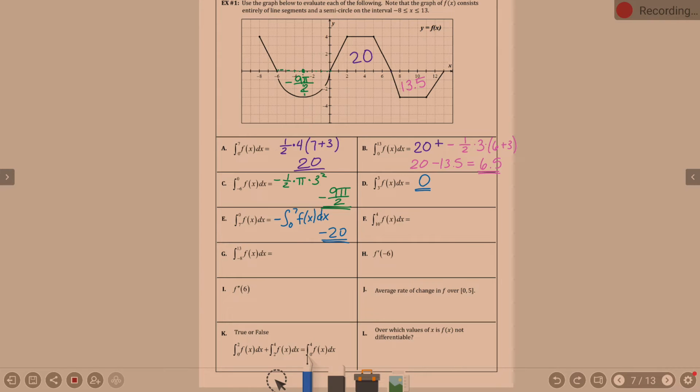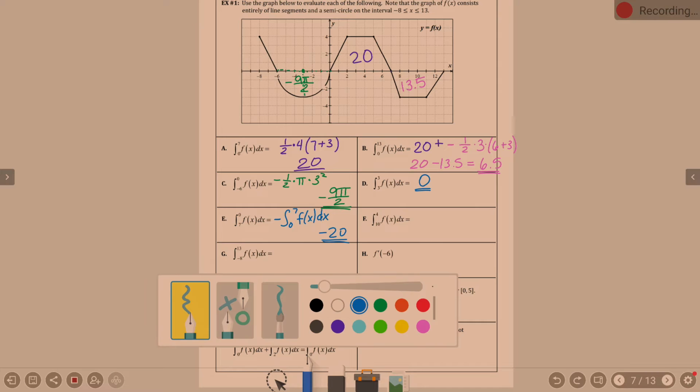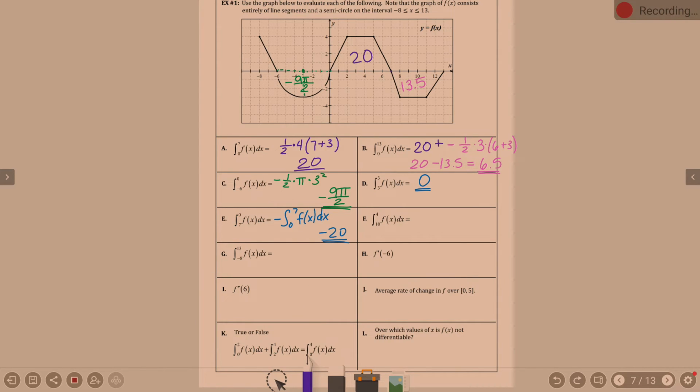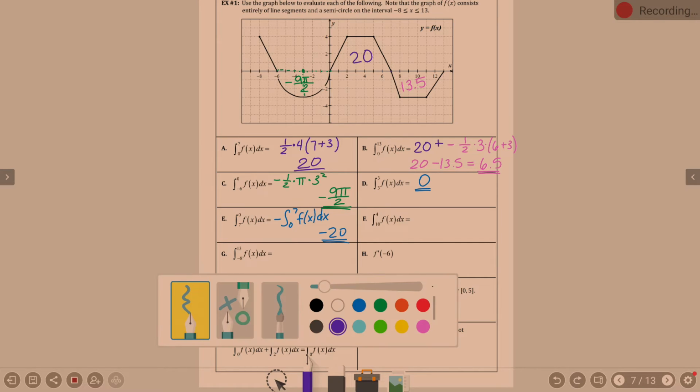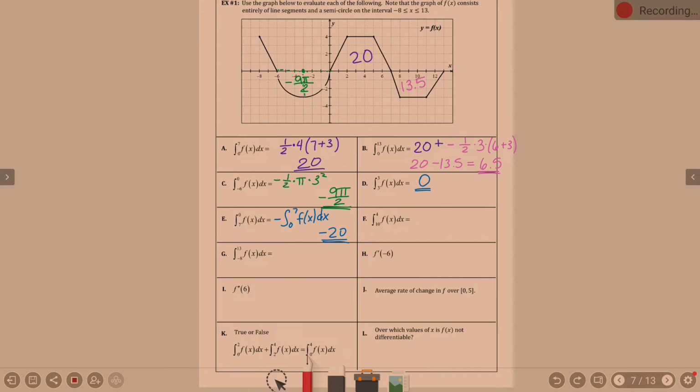Okay, what about F? First of all, should we talk 10 to 4?